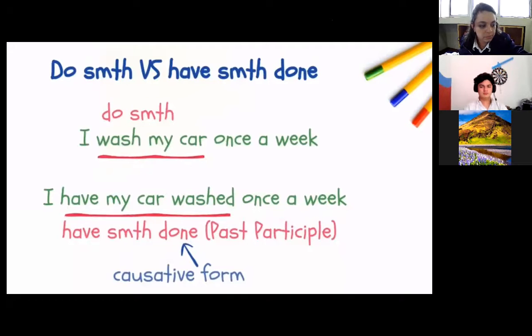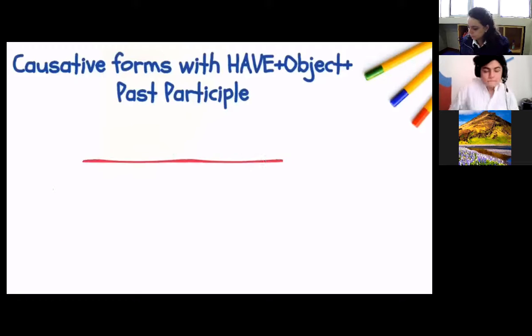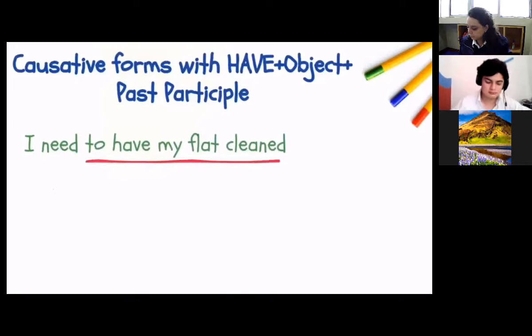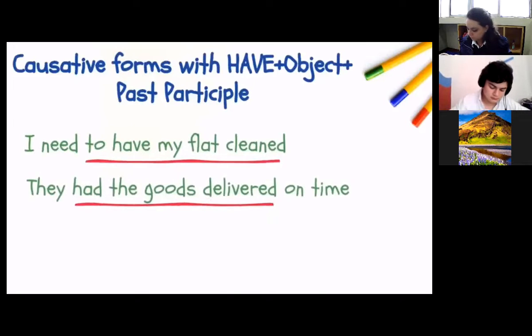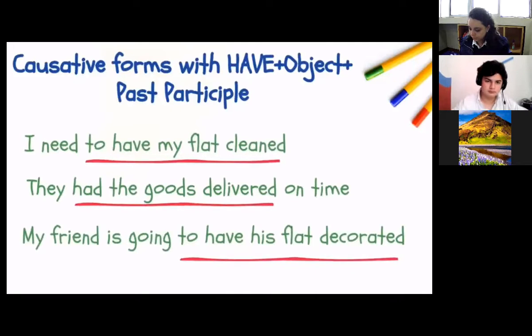So have plus object plus past participle is one type of causative pattern, and let's take a look at more examples now. I need to have my flat cleaned. They had the goods delivered on time. My friend is going to have his flat decorated.